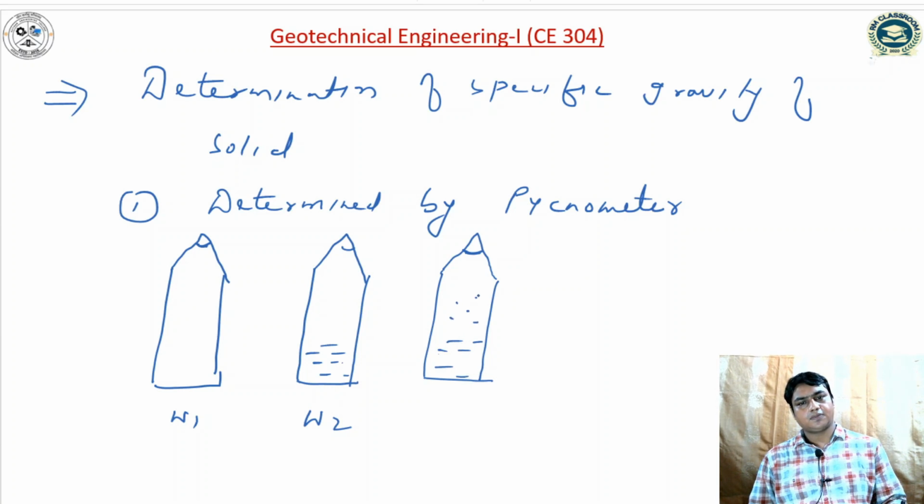Dry soil plus moist water is W3. And say it is W4, completely water.